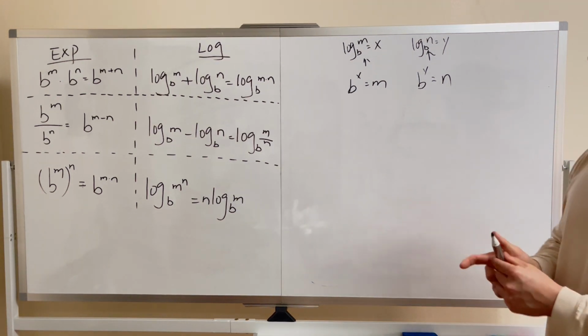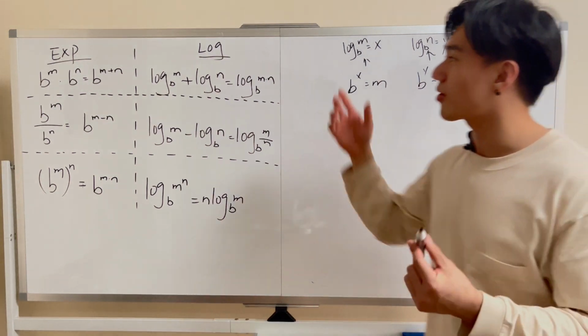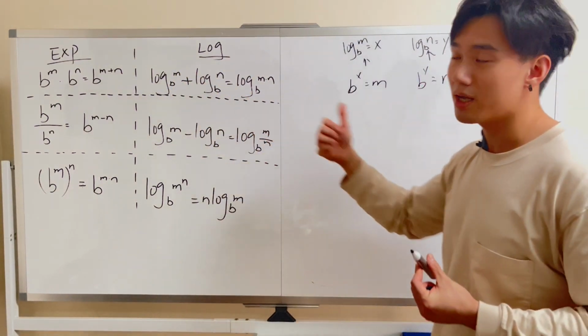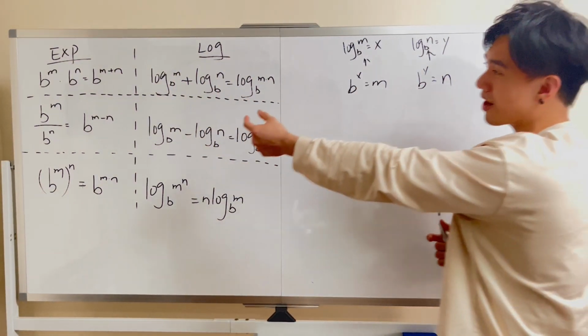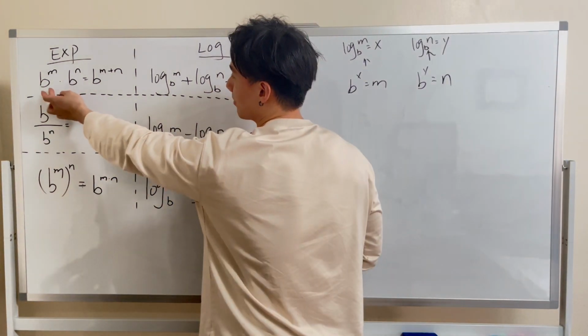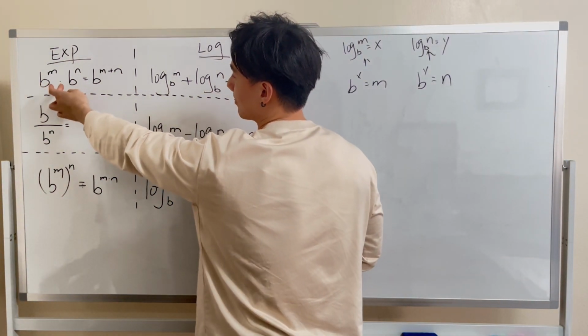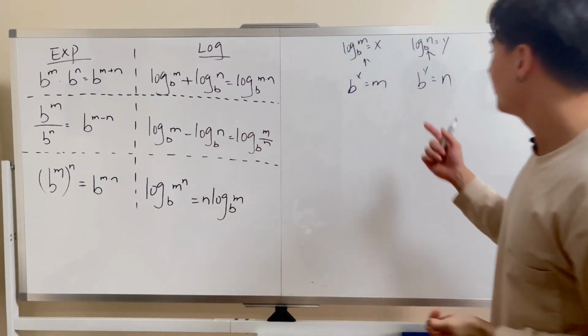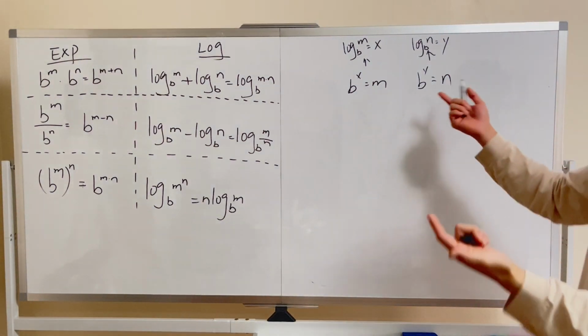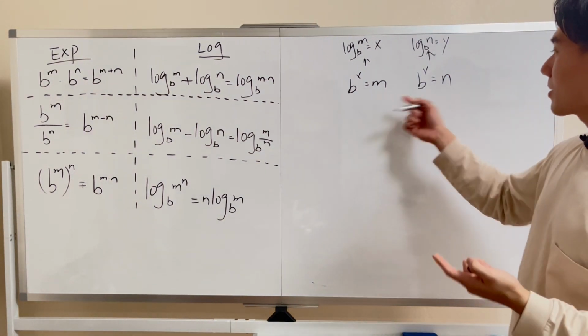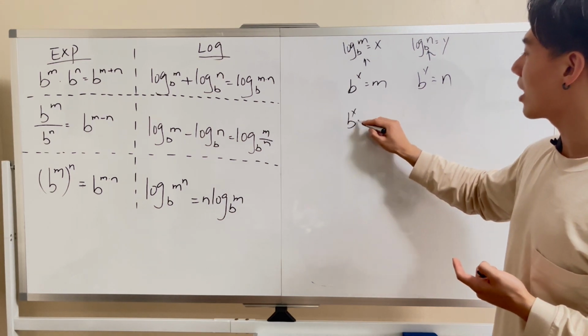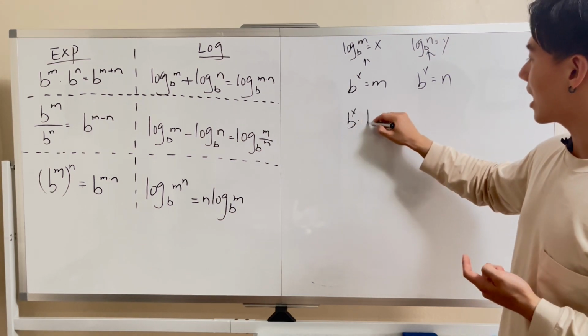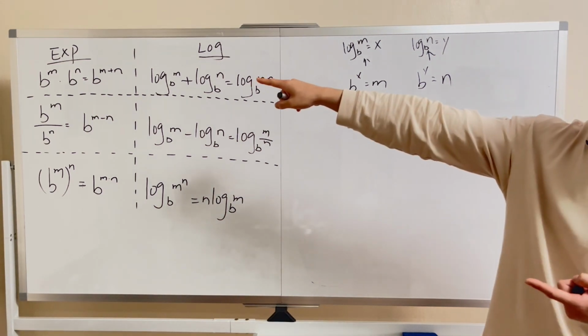Now, since we're trying to make the connection from the exponent property to the log property, we want to have something that looks like this: b to some power times b to another power. So if we want to get that, why don't we just multiply the two equations? On the left-hand side, we'll have b to the x times b to the y, so now we have exactly that.